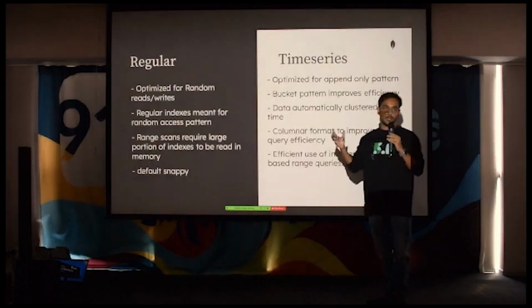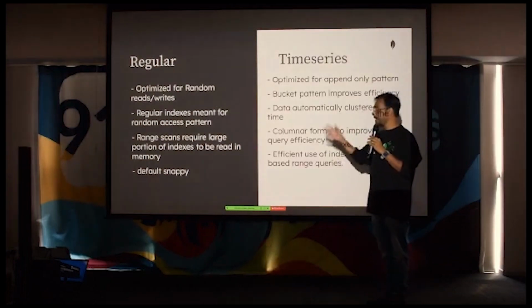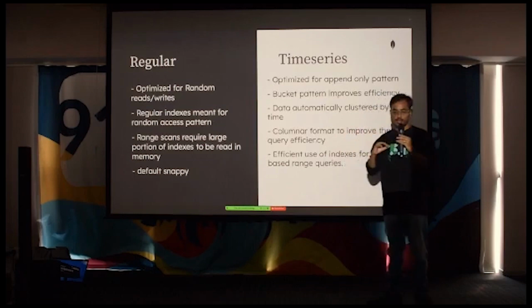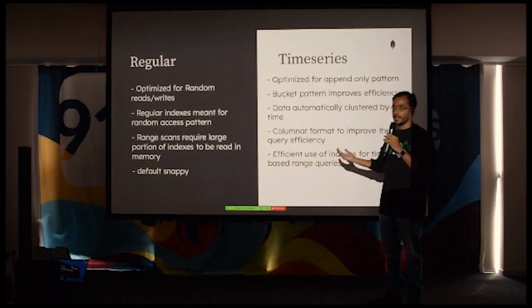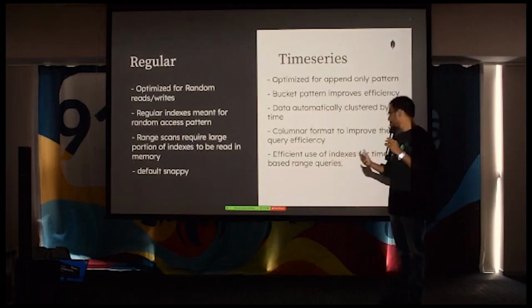When it comes to a large amount of data, this will be a very tedious task for the database engine to handle, and that's where the time series collection takes advantage.